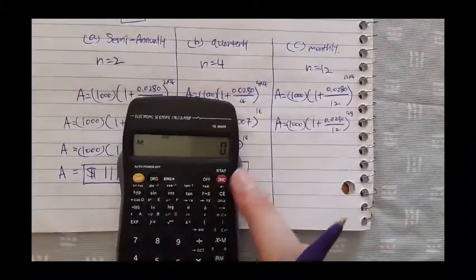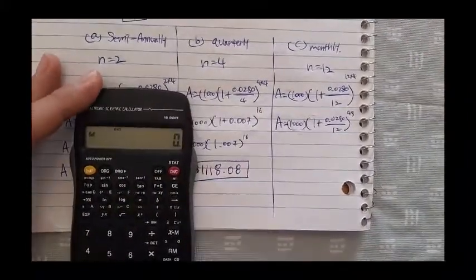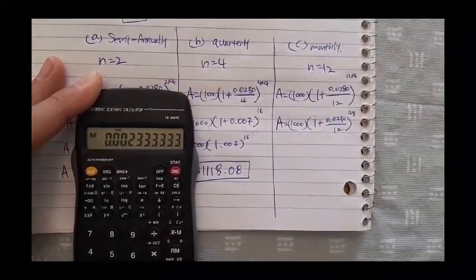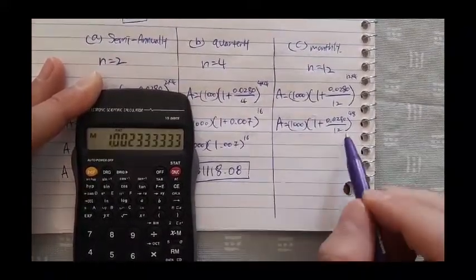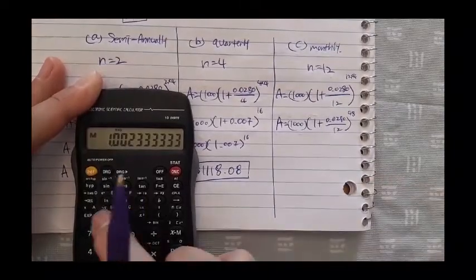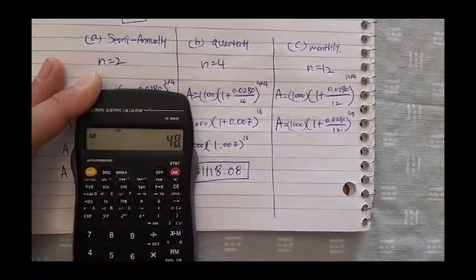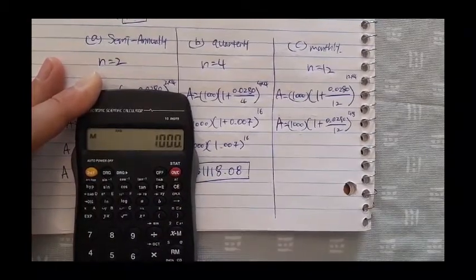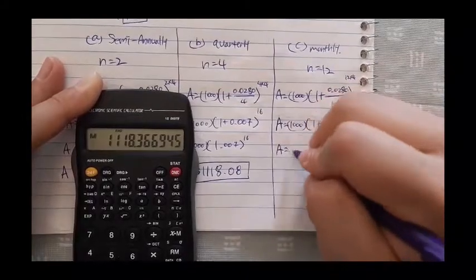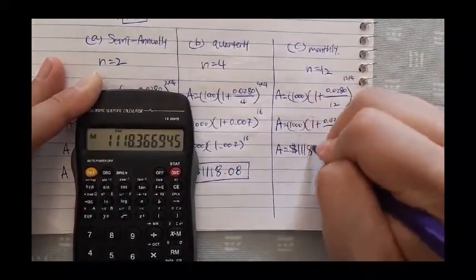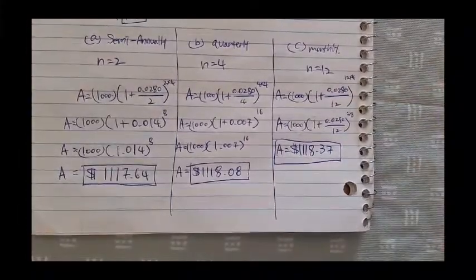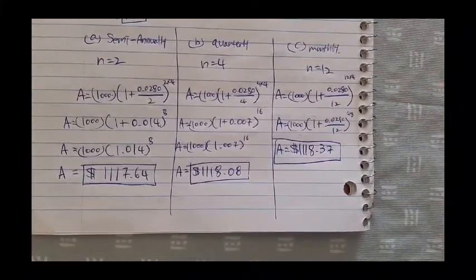Let's actually do the last one together using the calculator because it's tricky. 0.0280 divided by 12 is equal to that number, plus 1. I'm doing this part first. And then to the power of 48, that is equivalent to that number, multiplied by 1,000. Then we have 1,118.37.